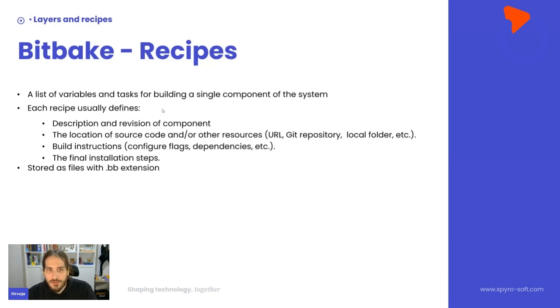So first is some kind of a description and a revision of the component it is building. The second is the location of the source code and the other resources that are required for building the component. The third thing is the build instructions for building the component, and the final step is an installation step.